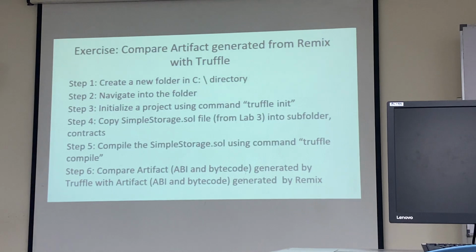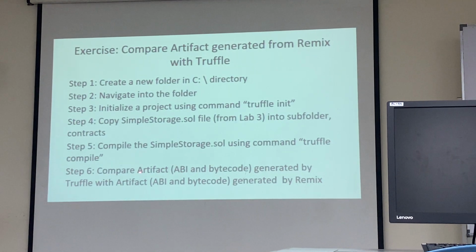So just now I already did this exercise for you. I asked you to create a folder, I created a test folder, then I used the truffle image. After that we copied the sample storage inside the folder and compiled using truffle compile. From there you understand where the artifact will be generated by truffle.